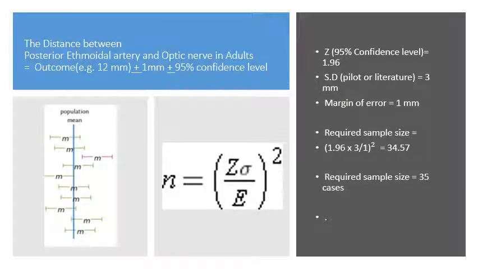To take an example, say we are setting up a study to measure the distance between the posterior ethmoidal artery and the optic nerve in adults. We want to know exactly what the average distance is, and we will set the margin of error that we would allow for, and that should be as narrow as possible. Say we choose 1 millimeter, because it is surgically important to have a very precise estimation of the distance between these 2 structures.